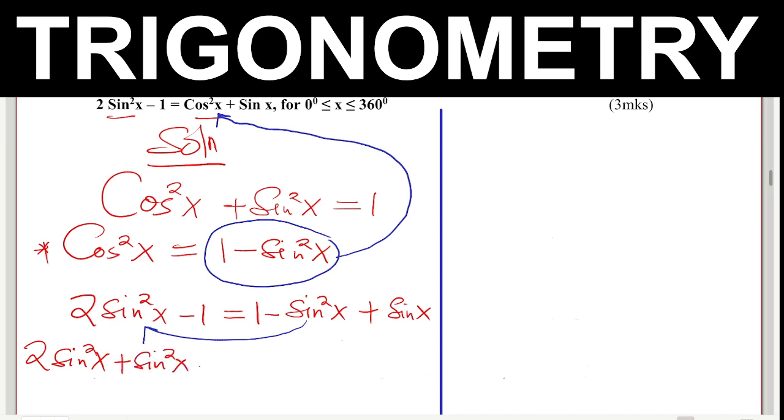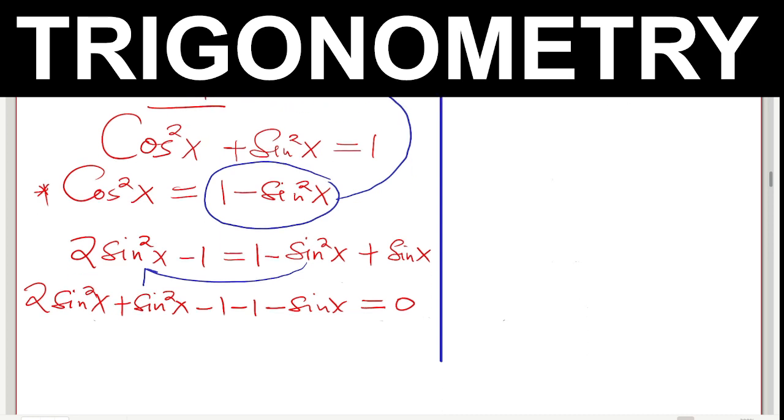Then here we have negative 1, so when you bring 1 from the right hand side, we get negative 1. Then bringing sine x to the left hand side, it will be negative sine x is equal to 0. So what I've done is simply taking everything on the right hand side to the left hand side.